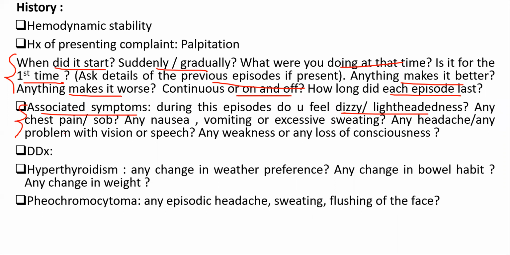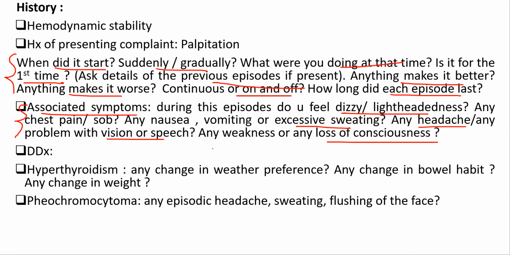So ask those questions: any chest pain, shortness of breath, nausea, vomiting, excessive sweating. And then quickly ask the CNS differential: any headache, any problem with your vision or speech, any weakness anywhere in the body, or any loss of consciousness.